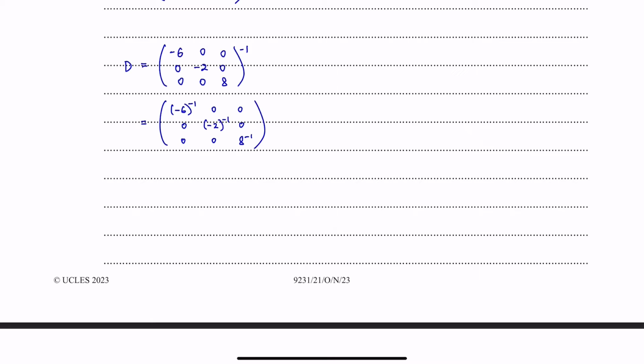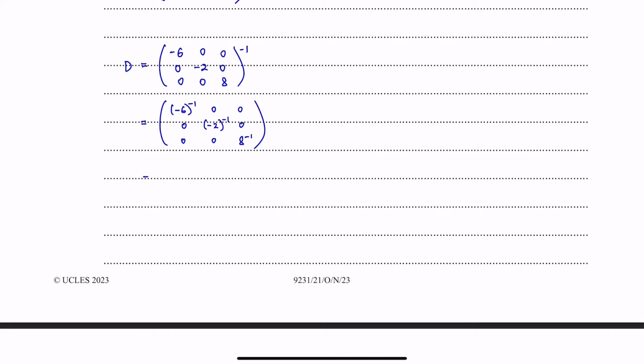Similarly, if this is, let's say, D cubed, you can also just take -6 cubed, -2 cubed, and 8 cubed, like this. This is just extra info.